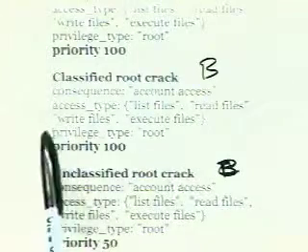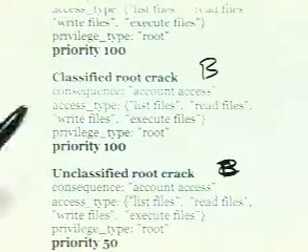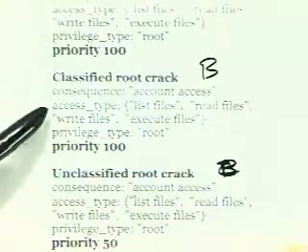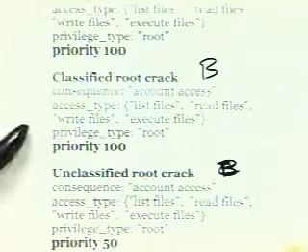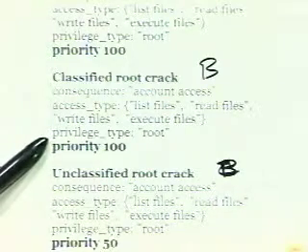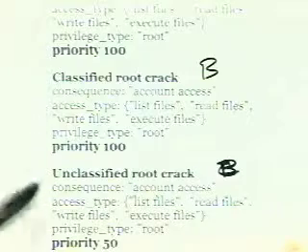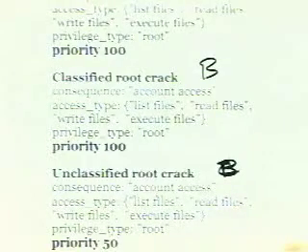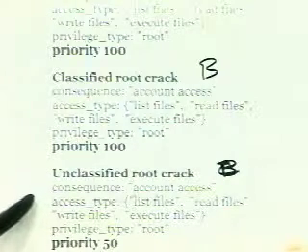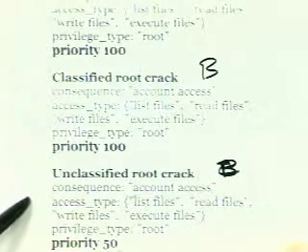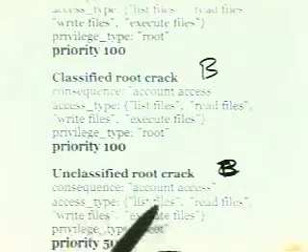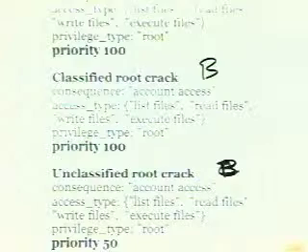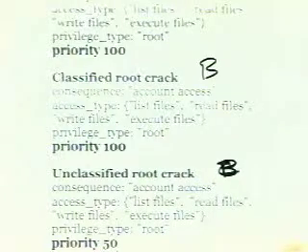Now, if you notice, they all have the same consequence. They have the same access type, that is, they can list, read, write, execute files, and the privilege type is root. So I can query the database, and no matter how you name the risk type, I can ask how much did the incidents that involved account access of privilege type root cost, or how many were there last year?